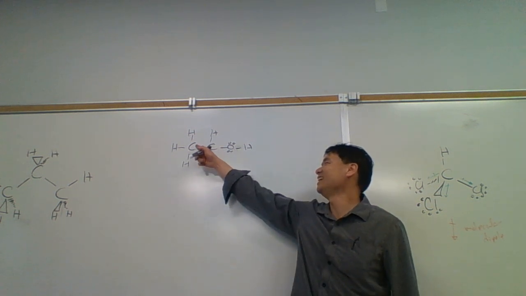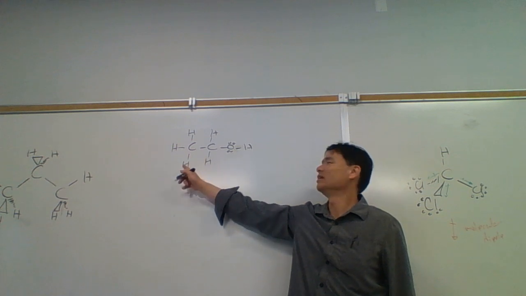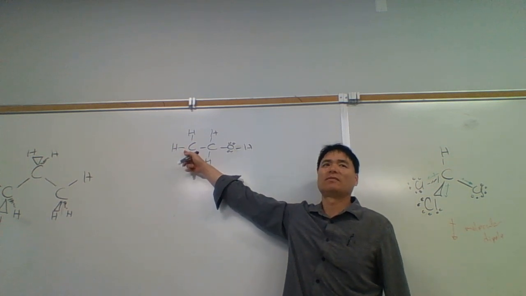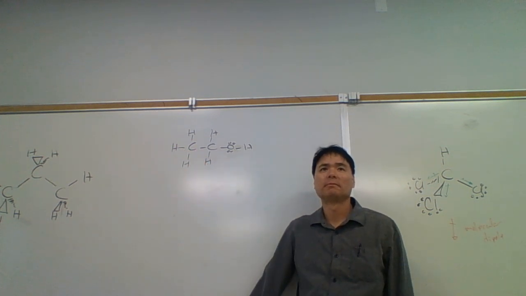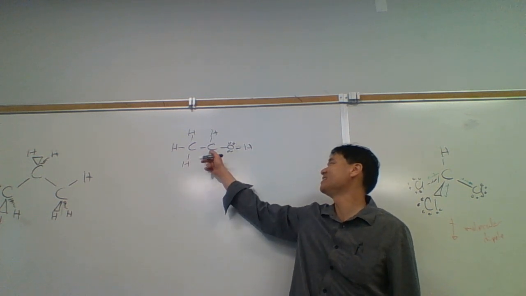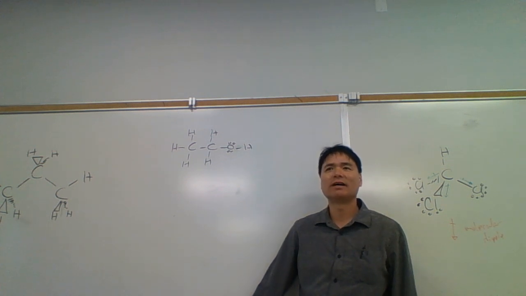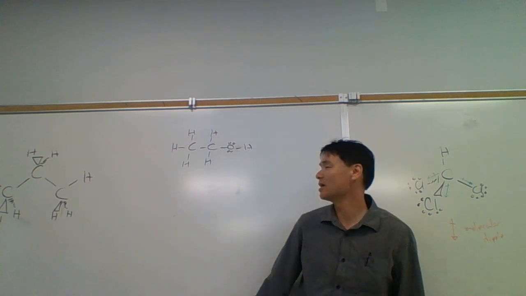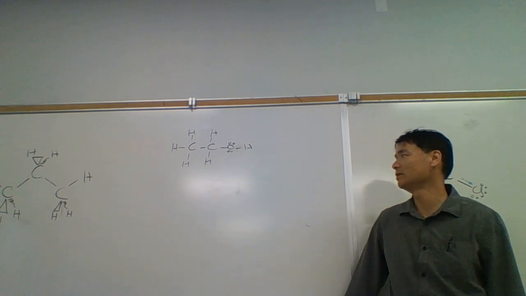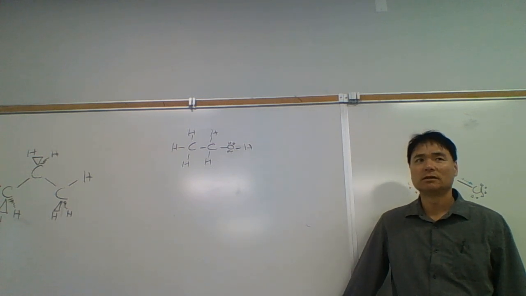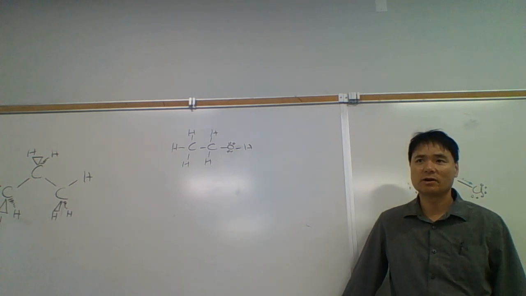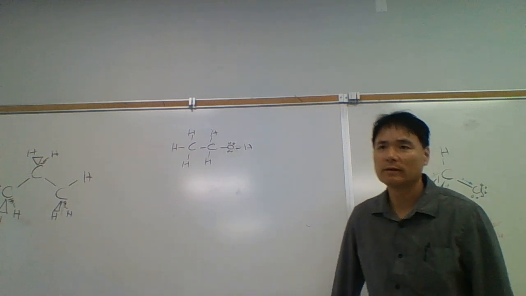What's the HCH angle? 109.5. What's the CCO angle? CCO angle is 109.5. That's because I already saw what the structure is. Why don't you draw it though? It's a wedge dash diagram. Give that a go. Let's see.